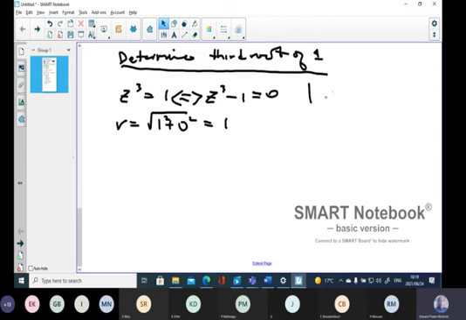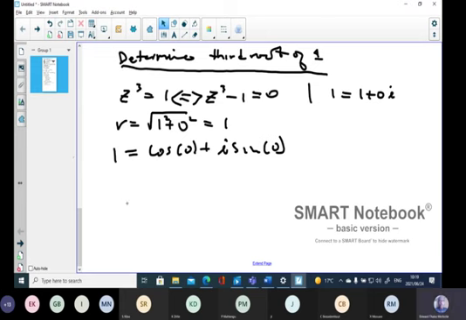This comes from where? We know that 1 can actually be represented as a complex number. It's 1 plus 0i. Okay. Now we write this as 1 is equal to cos 0 plus I sine 0.